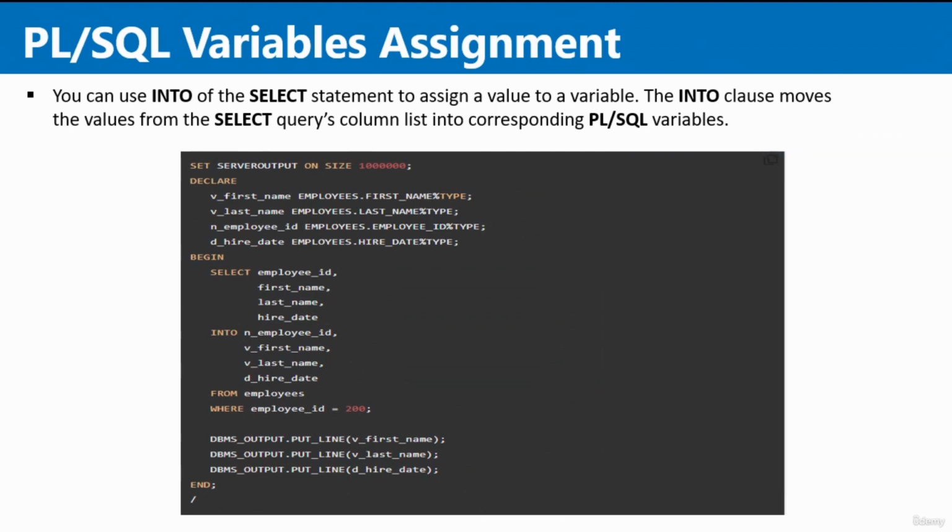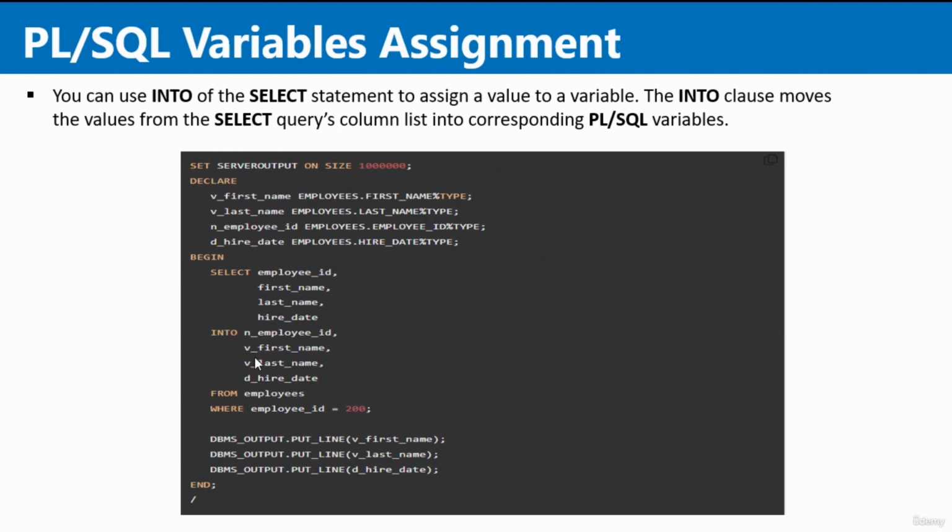If we take a look at the begin part of the block, we have the SQL query where we're selecting the employee_id, the first_name, the last_name, the hire_date. Okay, and then we're using the INTO clause to move those values into the variables.